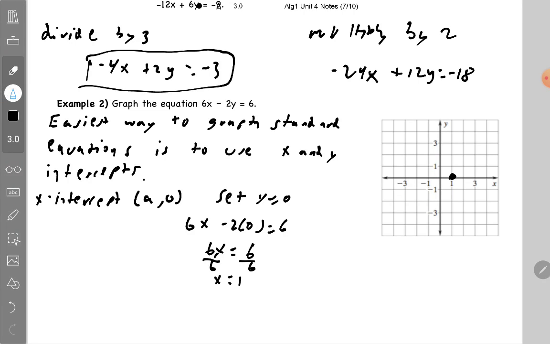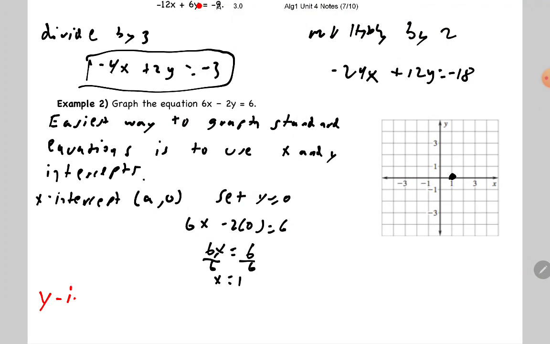Okay, let's use a different color, just so you know that I'm doing y-intercept now. This is where it crosses the y-axis. And we set x equal to 0. So I have 6 times 0 minus 2y equals 6.